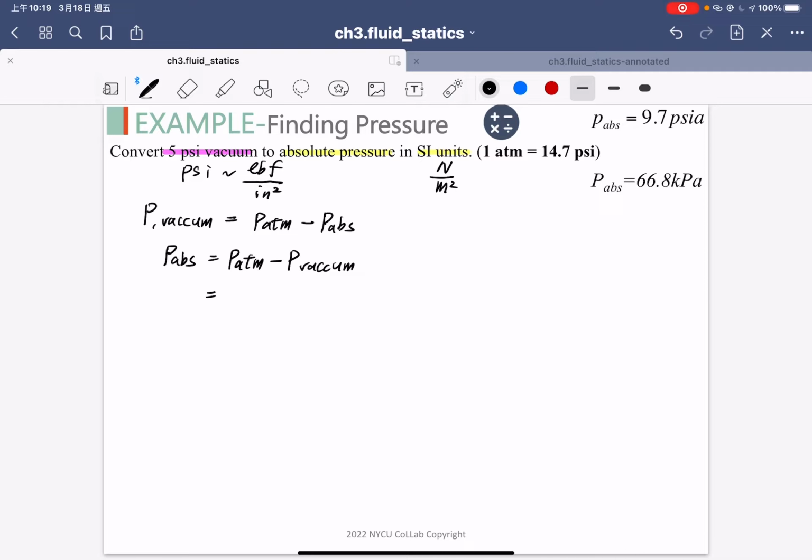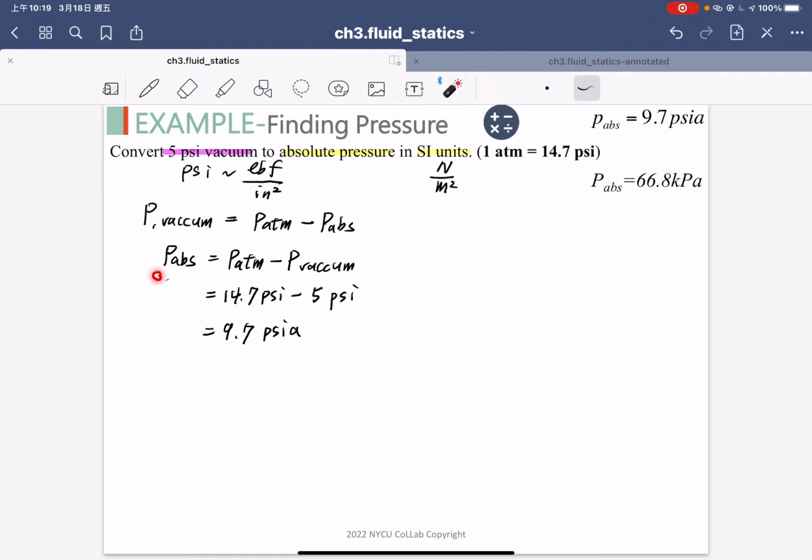The P_ATM I highlight in here is equal to 14.7 PSI minus the P_vacuum here, which is 5 PSI, and you know that the answer is 9.7 PSI, and all of the numbers shown here are absolute. So the final answer is related to the absolute pressure. It's our purpose, absolute pressure.